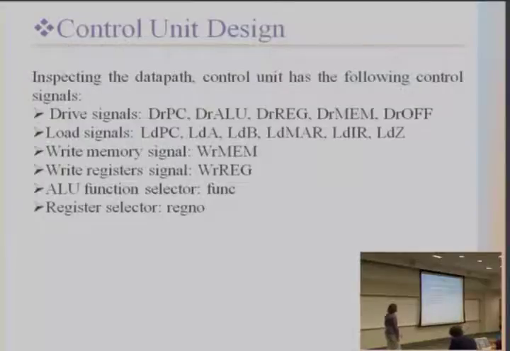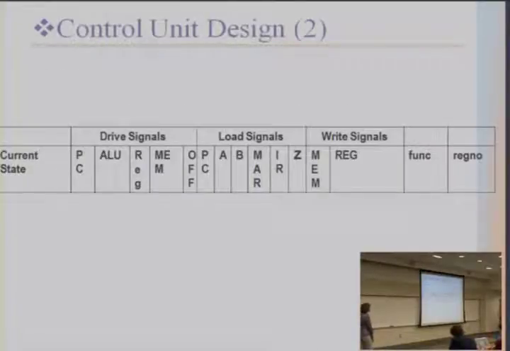So our drive signals are these. And then the load signals you have here, the write memory signal, the write register signal, the ALU function, and the register selector, which is basically the register number. We'll talk a little bit more about these functions when we get to examples.